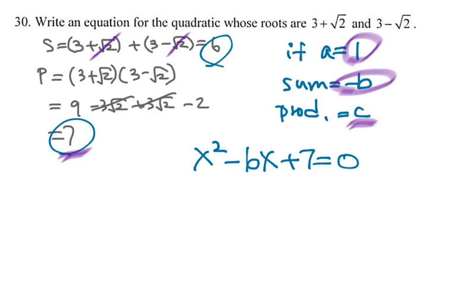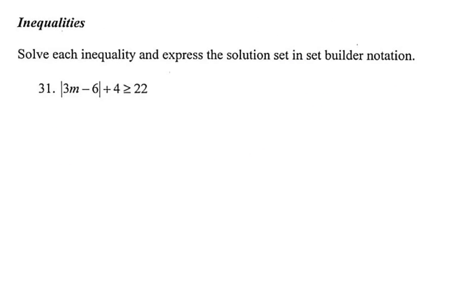All right, let's look at number 31. In order for us to solve these inequalities and then express the solution in the set builder notation. So then let us try to do this one at a time. First, what I like to do is this. I like to isolate the absolute value by itself.